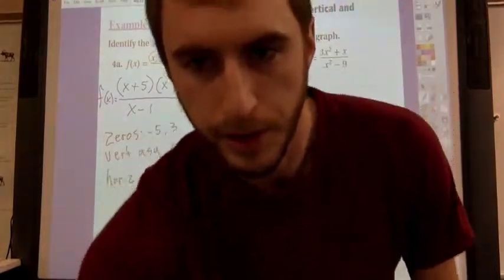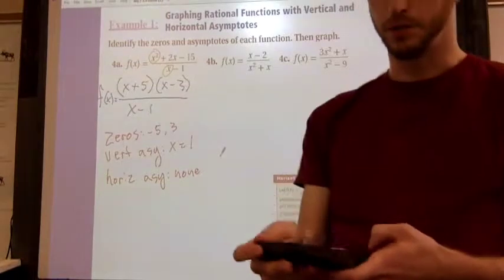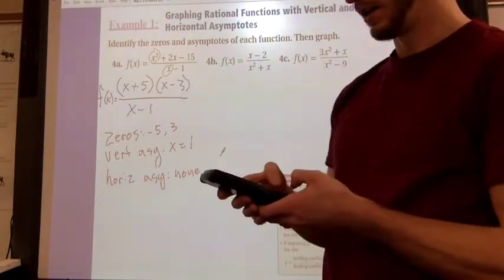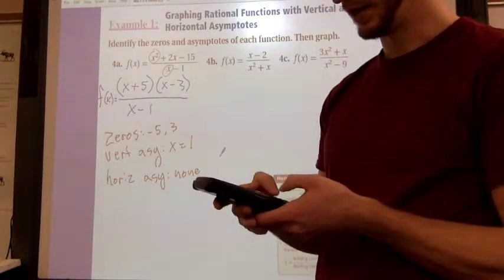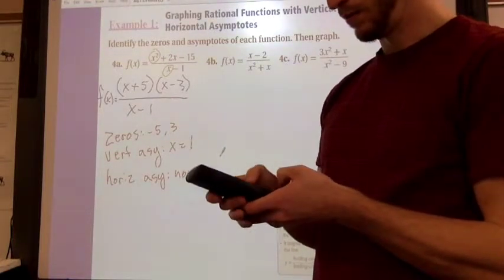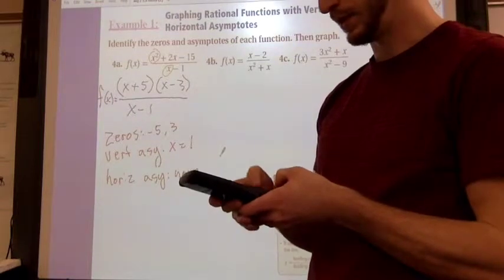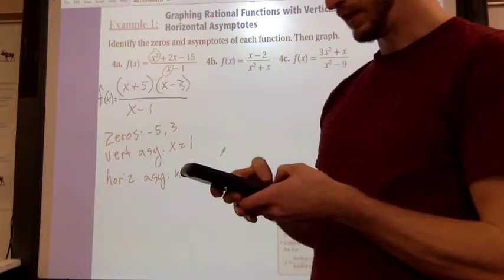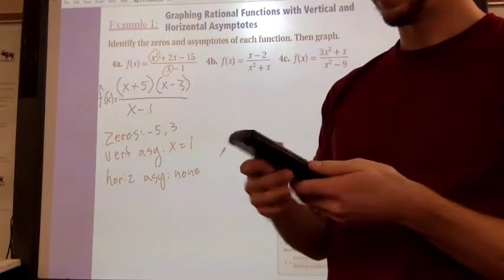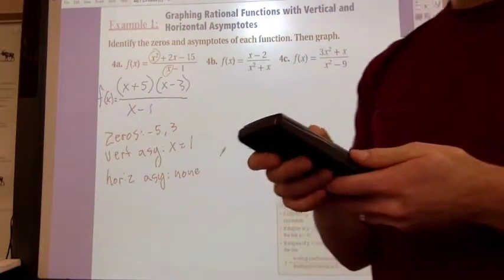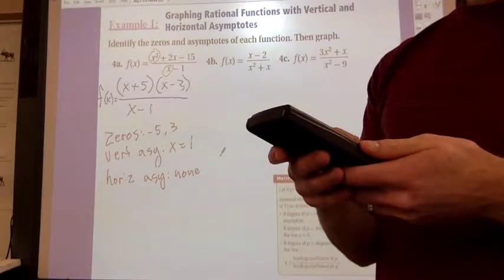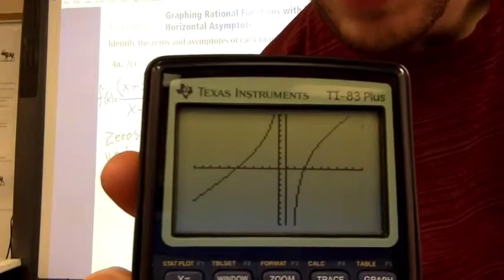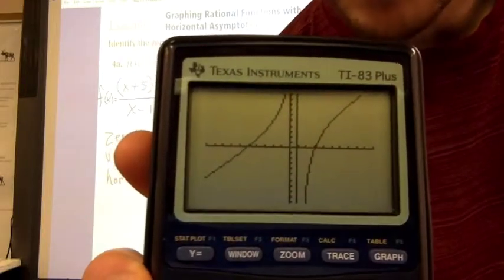Then it wants us to graph. I'm going to do this on my graphing calculator and show you what it looks like. And let's see if we did this right. So we've got x squared plus 2x minus 15 divided by x minus 1. All right, so first of all, let's see what our zeros are.